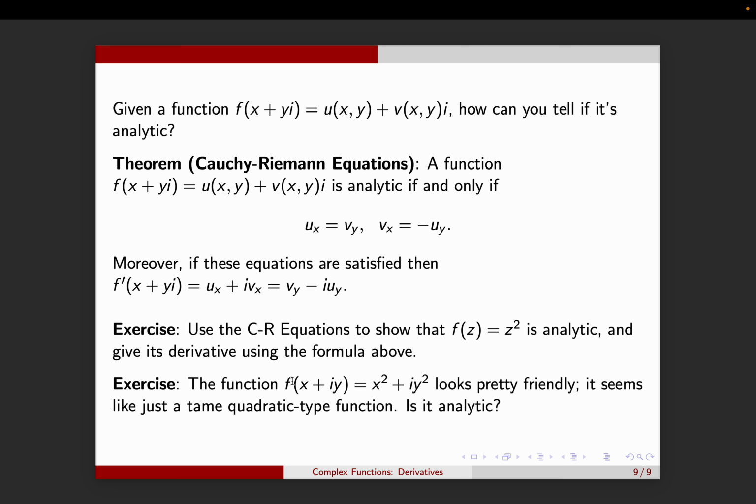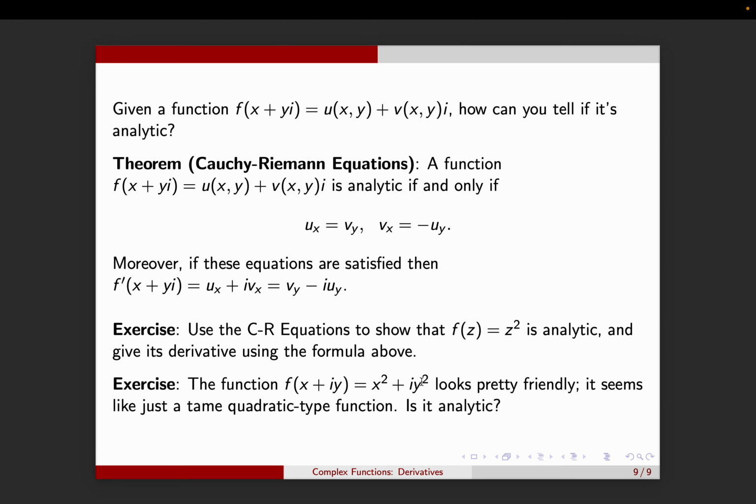And then this function here I've written in the u plus vi form. And this function, again, looks awfully friendly to me. It's just a quadratic looking thing. The question is, does this have a derivative? So here's u. u sub x is 2x. Here's v.